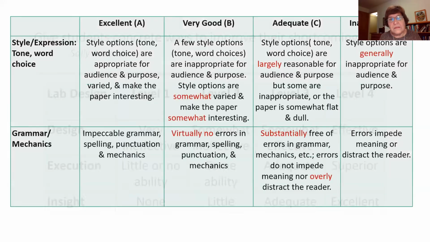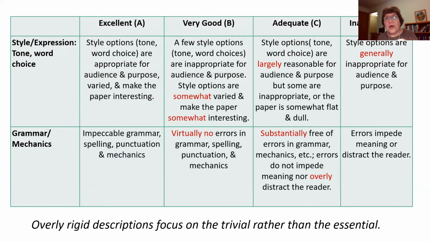Now, in contrast, let me pull up here a couple of lines from my rubric from writing. Mostly, this is much clearer than that last rubric. There are some fuzzy terms here, and I've gone ahead and highlighted them in red for you. Who's to say what is a somewhat interesting paper as opposed to a very interesting paper or a somewhat dull paper?